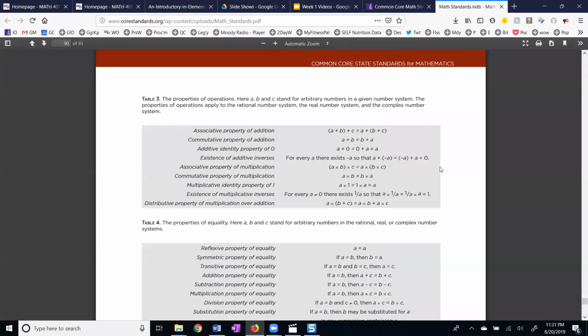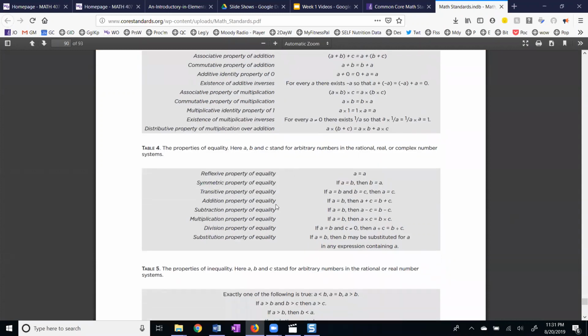Here on page 90 of the Common Core State Standards of Mathematics, we have the properties here of addition and multiplication, and they also have the other properties here. For example, the addition property of equality. The addition property of equality states that if A equals B, then A plus C equals B plus C. This means you can add a number to both sides of the equation.